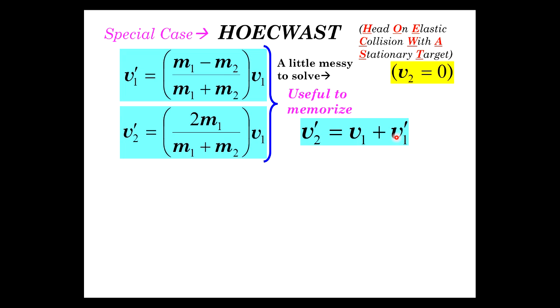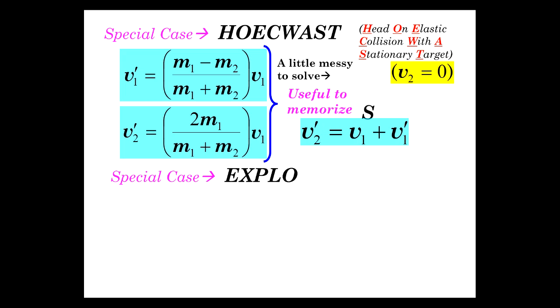So if we think of bringing V1 prime over here, V2 prime minus V1 prime is the relative velocity after. And then that's equal to the negative relative velocity before, which is V2 minus V1 with a negative, so that's just V1. So there it is. V2 prime is V1 plus V1 prime. Might be useful also.